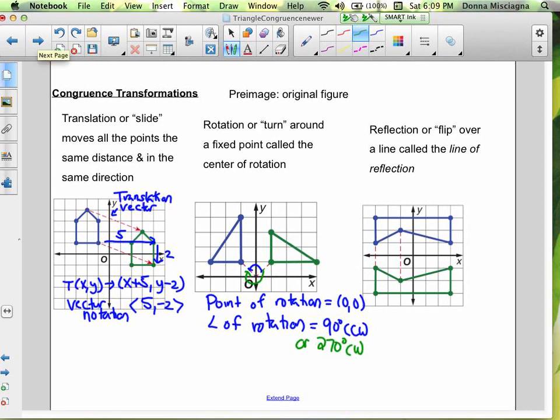So if we're writing our transformation here, and this is a rotation, we can write 90 degrees counterclockwise, or 270 degrees clockwise, about the origin.